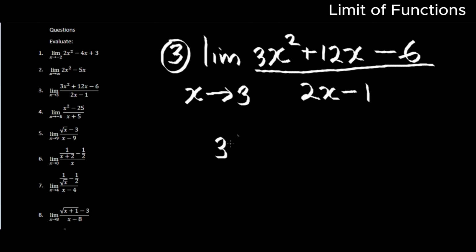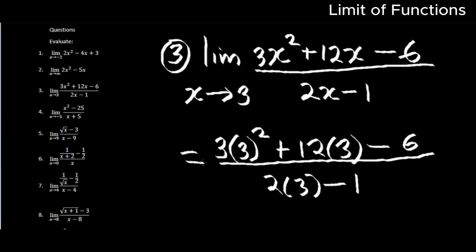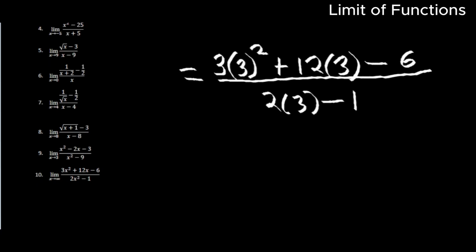So we'll have 3 into 3 squared, since x is 3, plus 12 into 3 minus 6 all over 2 into 3 minus 1. Now, anytime you are evaluating, I want you to take note. As you are evaluating, you take away the limit sign.